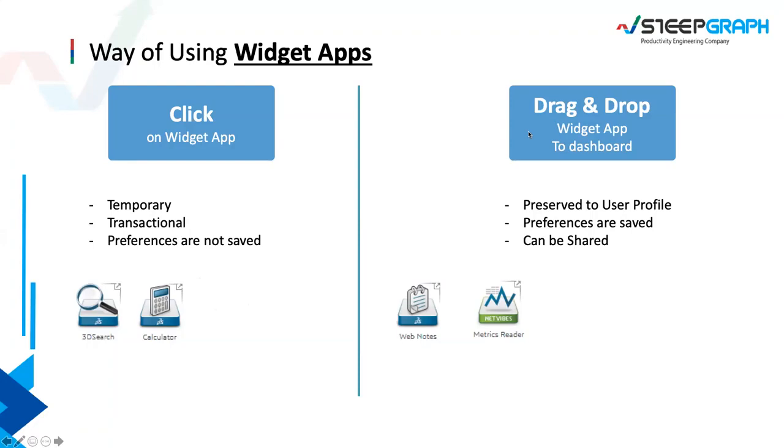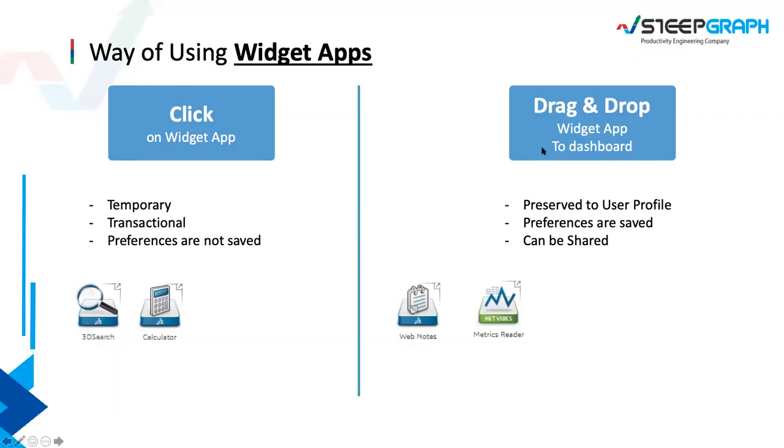On the other side, there are widgets which are to be dragged and dropped, widget app to dashboard. So in this case, you are picking a widget and dragging and dropping onto a newly created dashboard or an existing dashboard. Now you are storing this view for a given dashboard, where you are placing the widget, as well as what kind of settings and configurations you are putting on the widget. All those things will be saved against the user profile in the database.